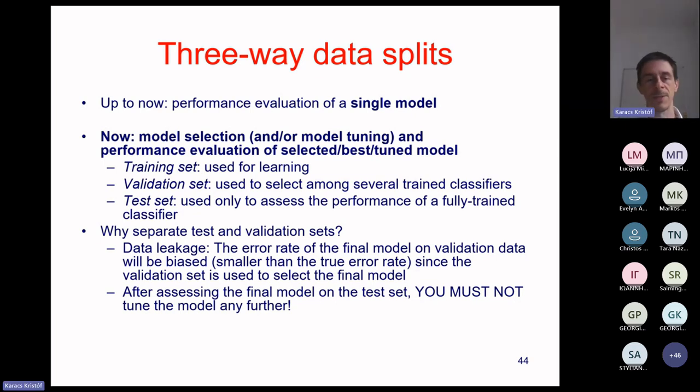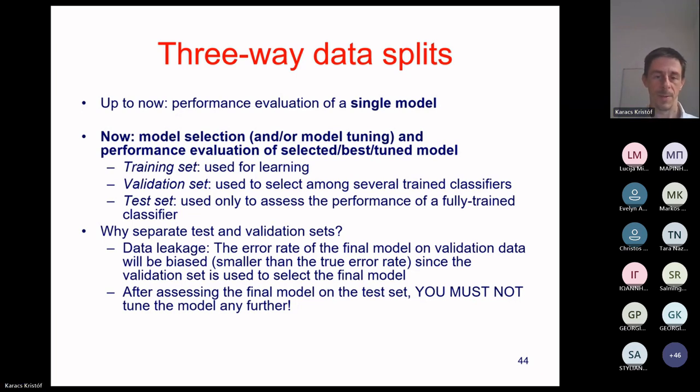And based on the results of the validation performance, we can pick one model and say that this is the one we expect to perform best. And then to estimate the performance of that chosen model, we will use the test set to compute the evaluation metric or metrics.